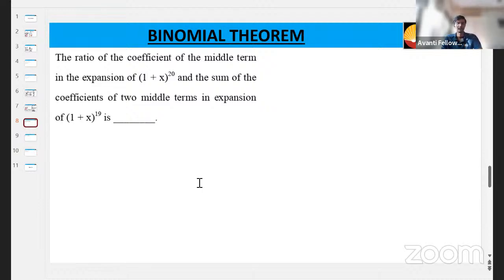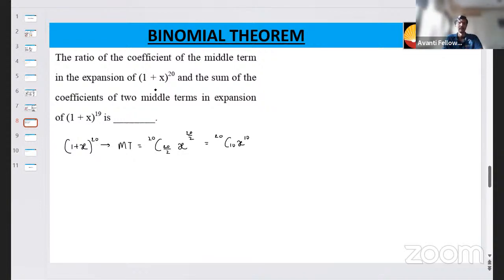So number of terms 21 होंगे, तो middle term will be, so 1 plus x raised to the power 20 में middle term will be 20C10 x raised to the power 10. We want only coefficient, तो हम लोग को खाली यही चाहिए.